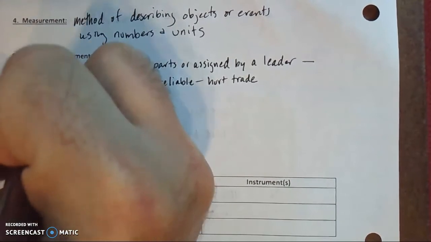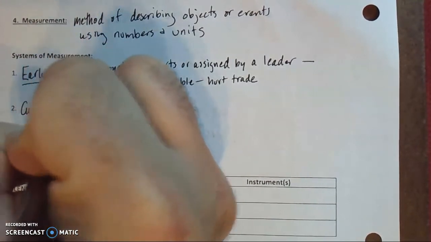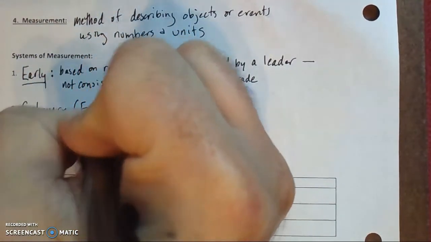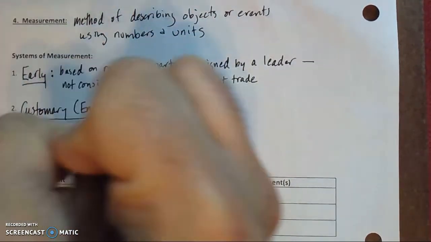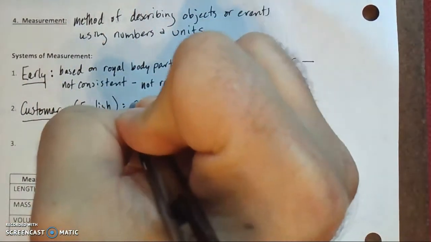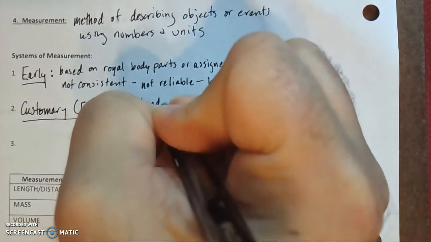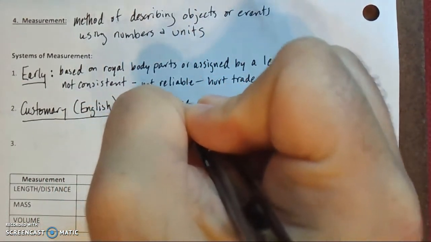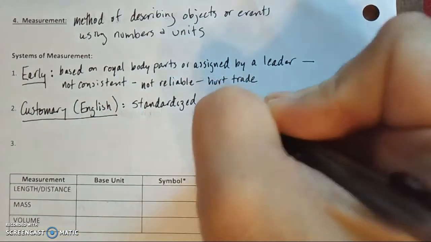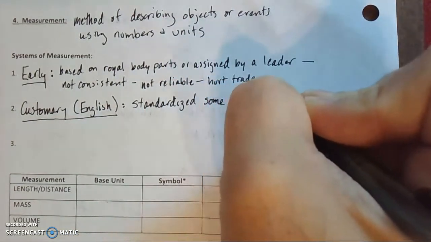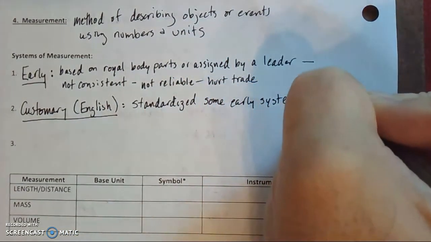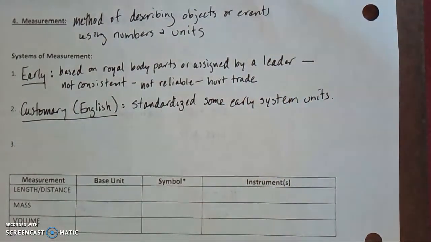So we have the customary system, sometimes called the English system. This standardized some early system units. We use this system. We have a foot, we have a mile, we have gallons.